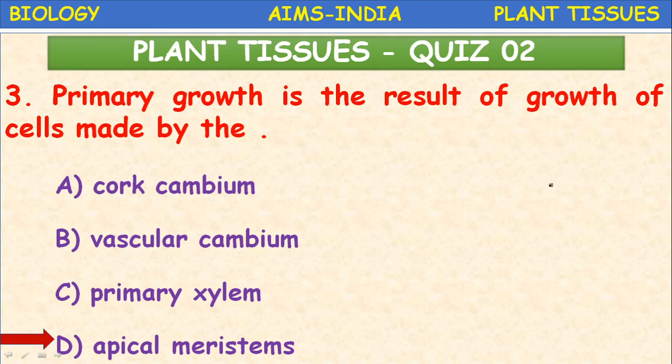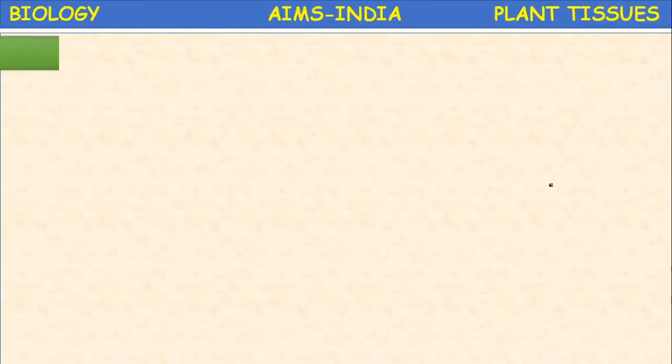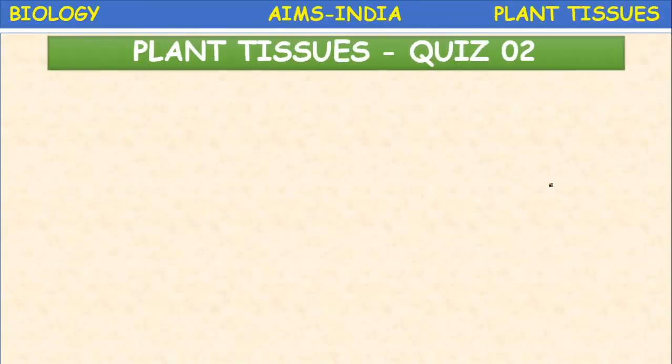So how these apical meristems are formed? They are formed from the promeristems during cell division. Okay, so they are formed, cell differentiation, then cell maturation. So once again cell division, like that. Growth involves cell division and cell differentiation.